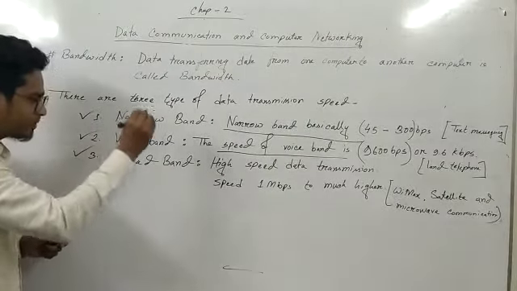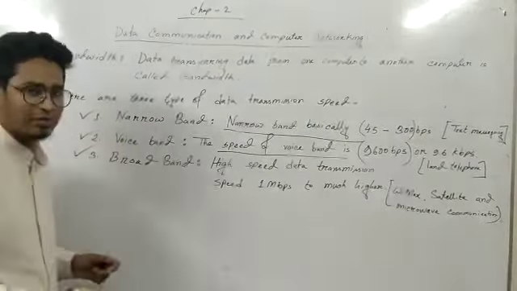Then the last one is broadband. We know about broadband. We always have a broadband connection in our Wi-Fi or WiMAX or similar devices. This is high speed data transmission, the best of the three. The speed is 1 Mbps to much higher, depending on how much you can take from your broadband organization.